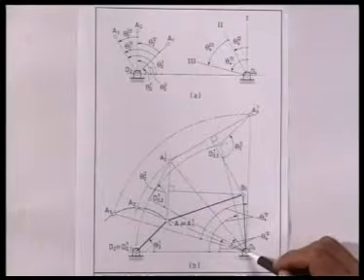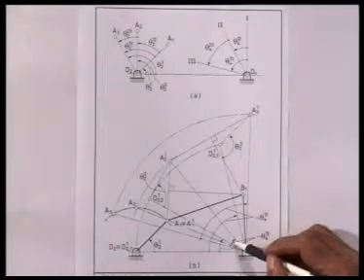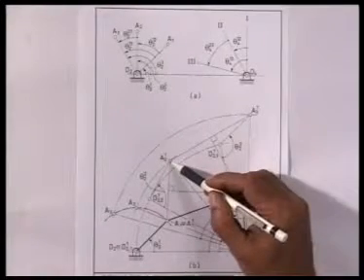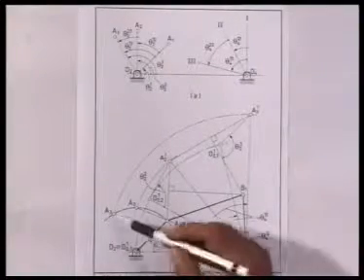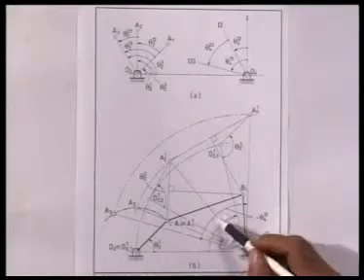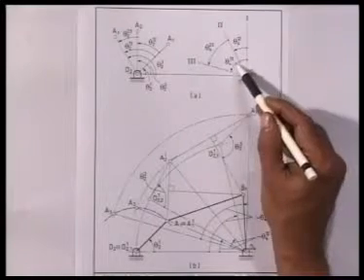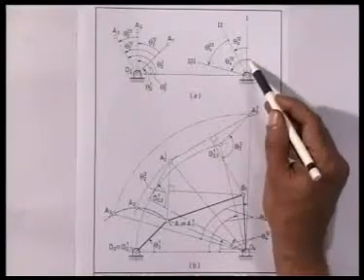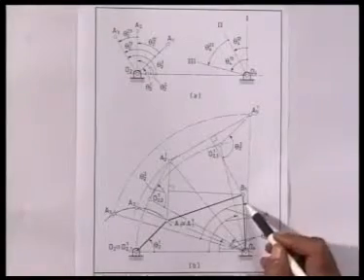By rotating about O4 this line O4 A2 through minus theta 4 1 2, I located A2 1. Similarly, rotating O4 A3 about O4 through an angle minus theta 4 1 3. Theta 4 1 3 is this angle which is prescribed, which is counterclockwise, so minus theta 4 1 3 is clockwise.